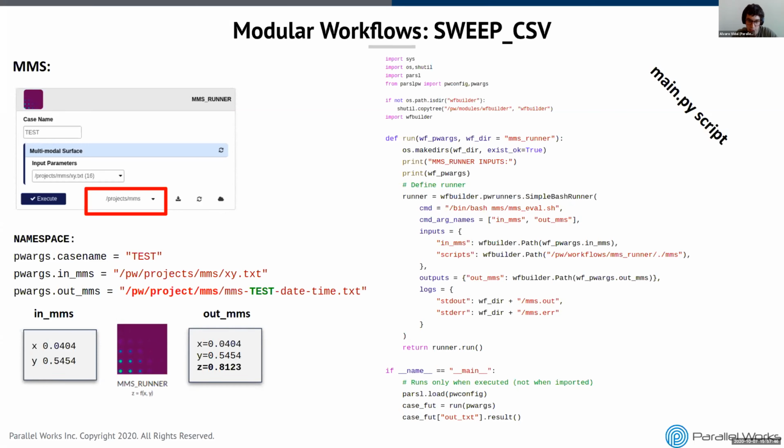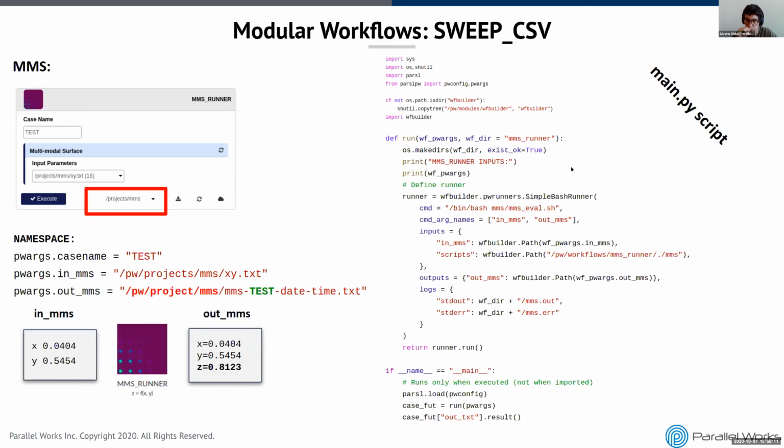And then that file is going to be staged back to the location in red that is made basically by combining a directory that you choose in the input form with a base name that contains the case name and a timestamp.